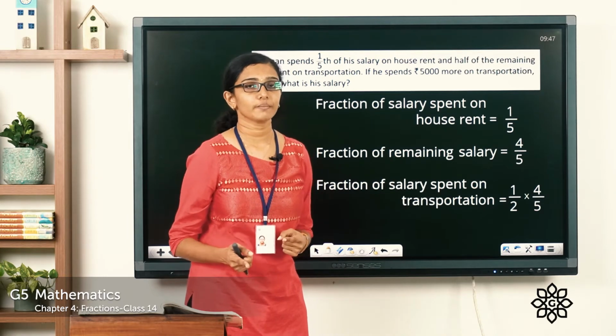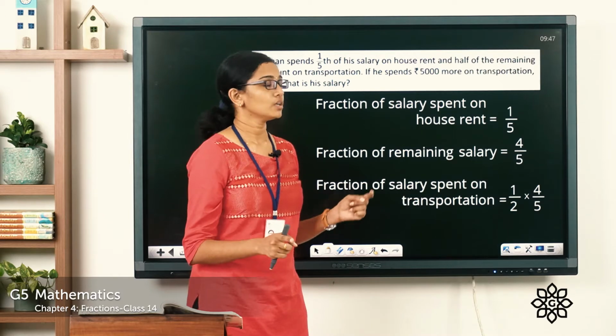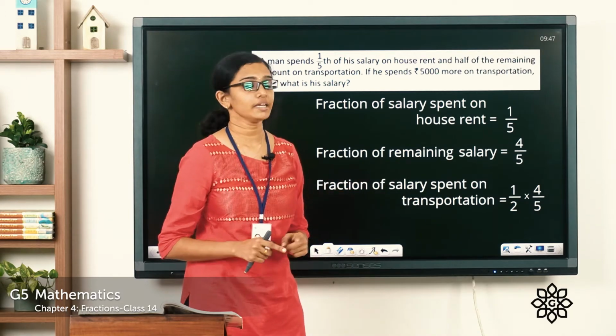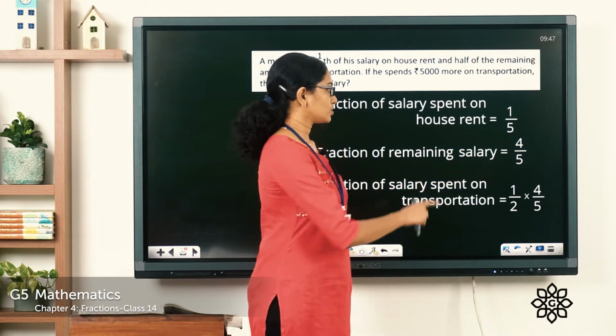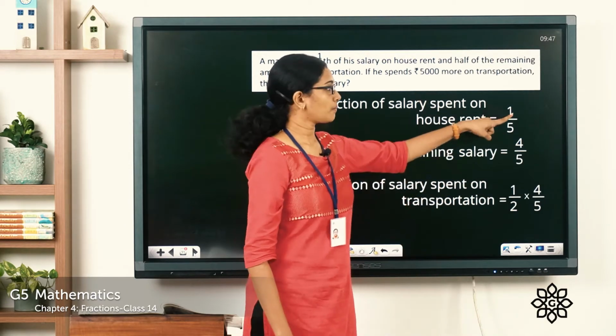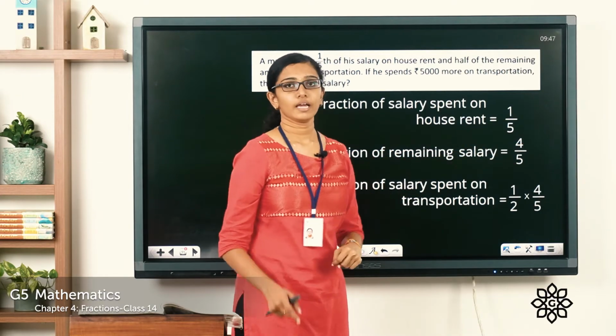So how many parts are remaining? Out of 5, 1 was taken, so 4 parts are remaining. So the fraction of remaining salary will be the number of parts remaining by the total number of parts. So the fraction would be 5 minus this 1, which is equal to 4. So the fraction is 4 by 5.